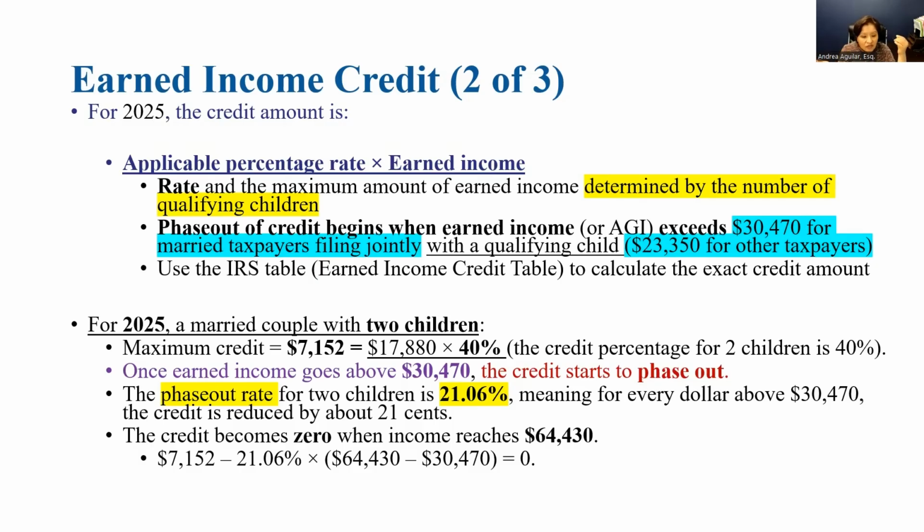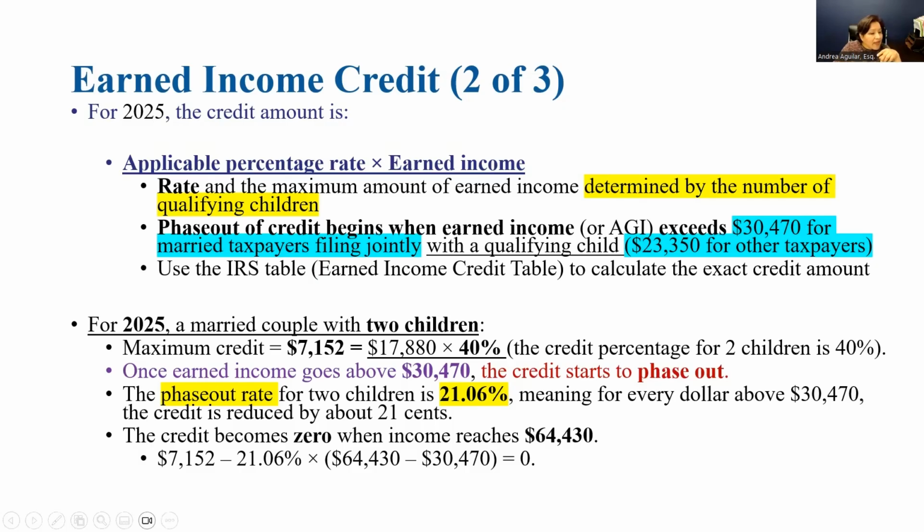And in this case, for a married couple with 2 children, it would be 21.06%. So we're going to multiply that by the difference between whatever you're making as earned income and the phase out base, and that result will be the amount that will reduce your earned income credit.